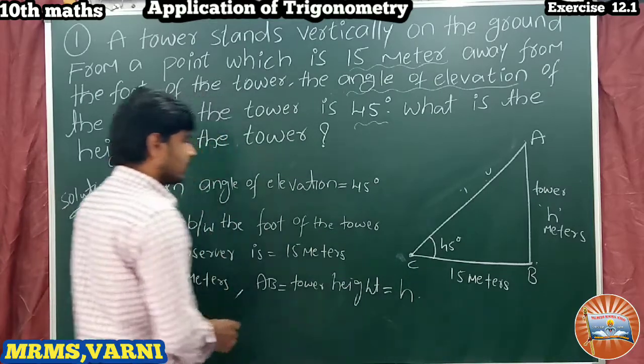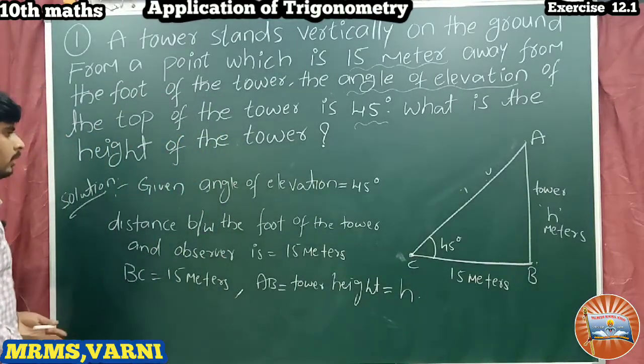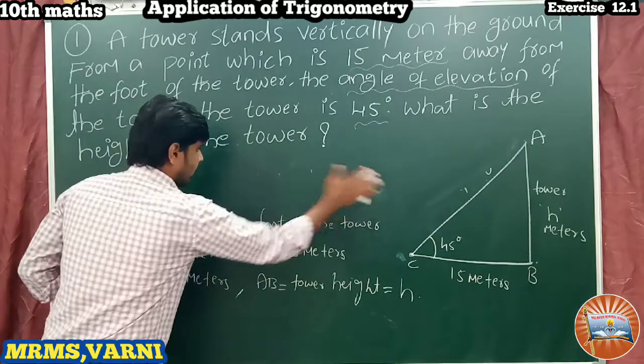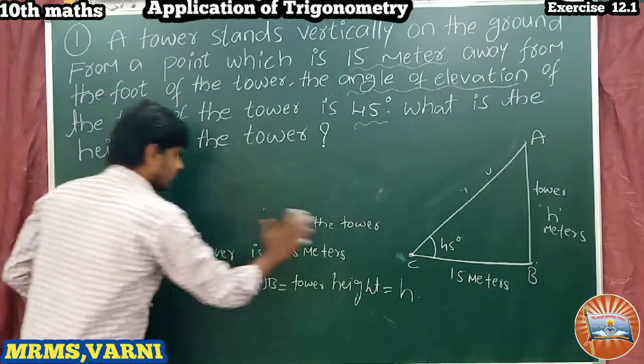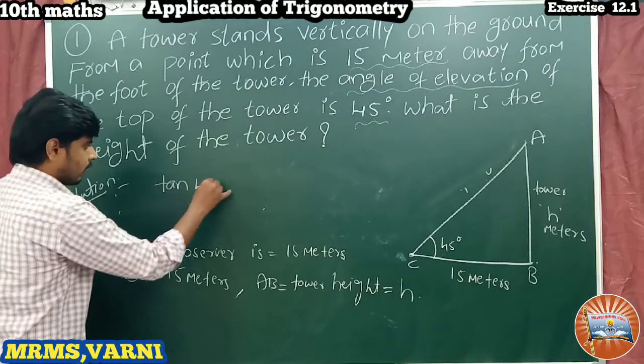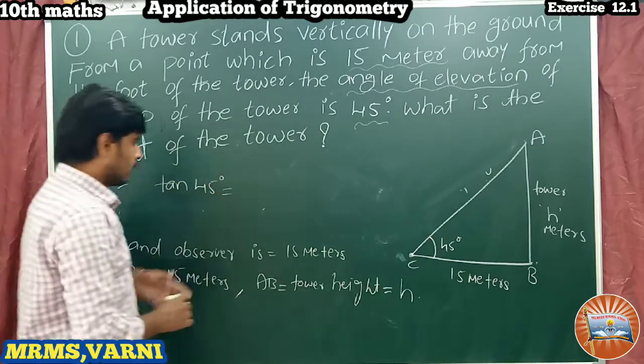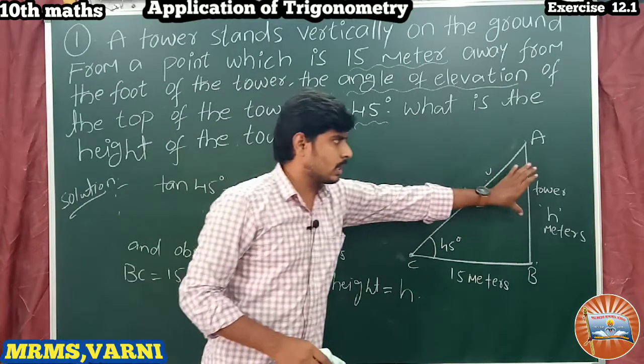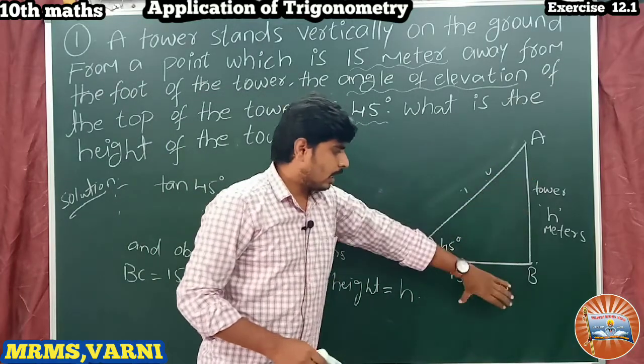Let us take the trigonometric ratio. Tan 45 is equal to the opposite side by the adjacent side.